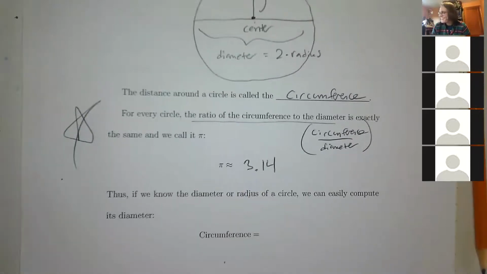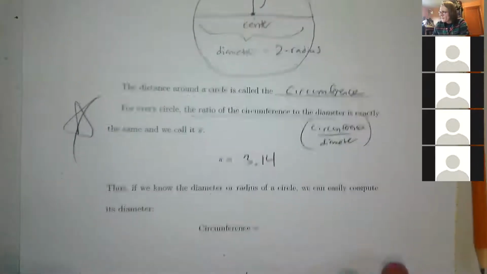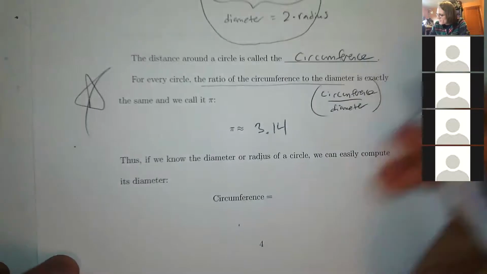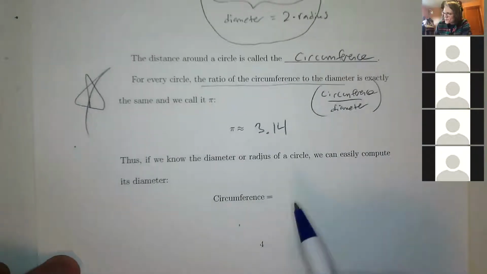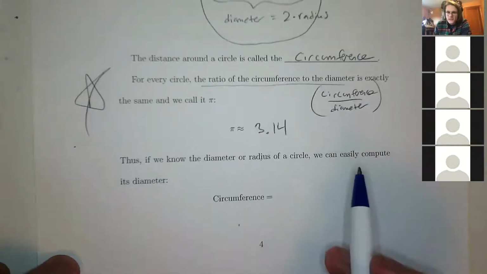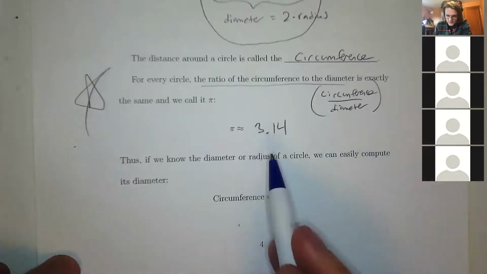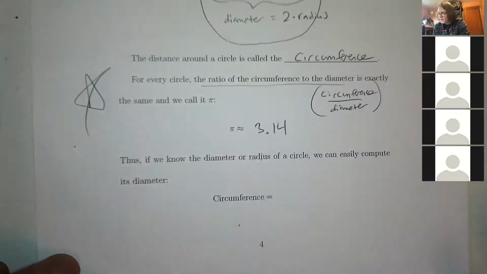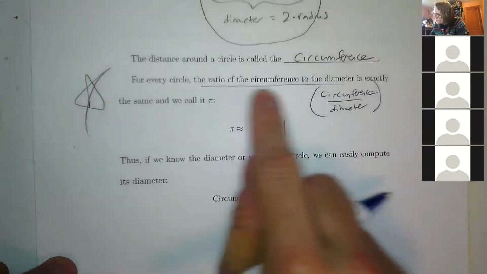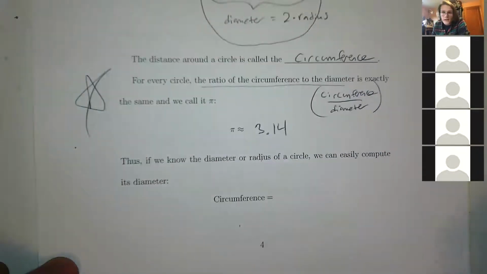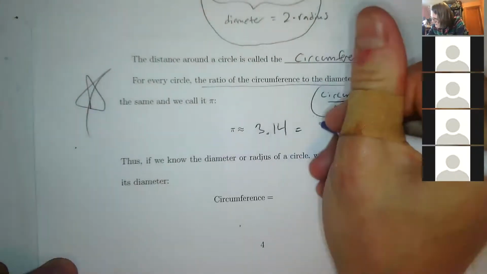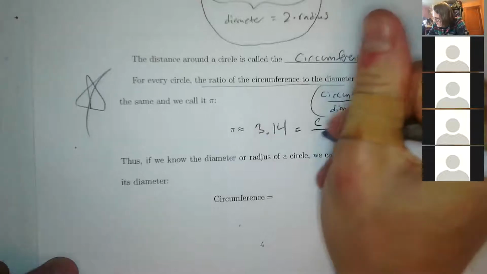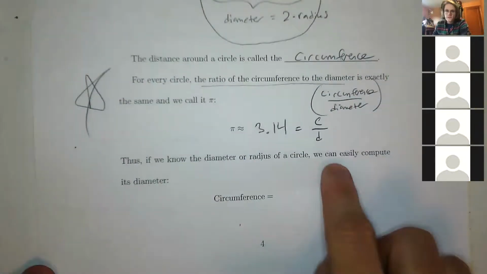All right. Anyway, as I was saying, the important thing about pi is if we know the diameter and we know what pi is, we can then compute the circumference by just multiplying them. Right? So what I said here is the ratio of the circumference to the diameter is pi. So if c is the circumference and d is the diameter, then pi equals c over d.